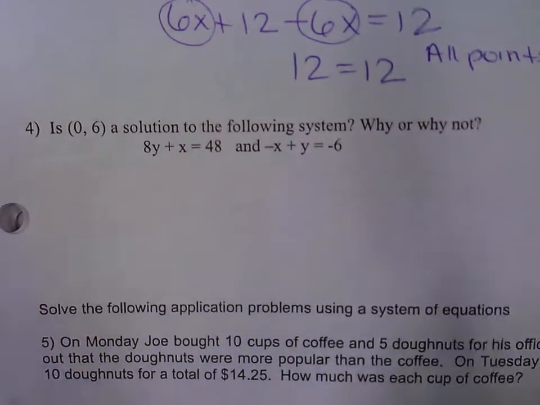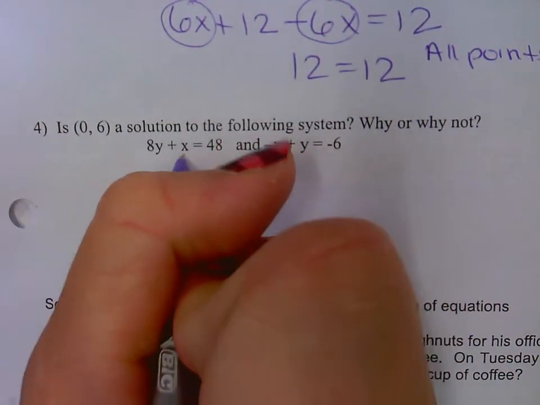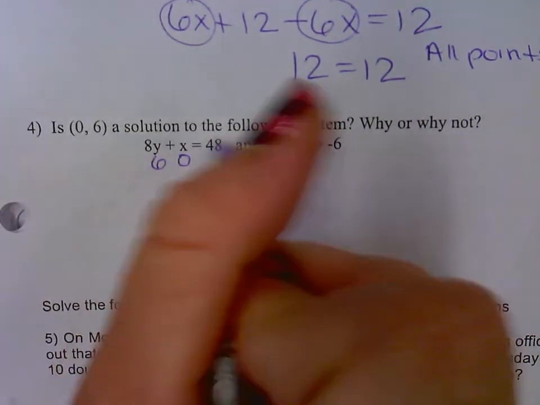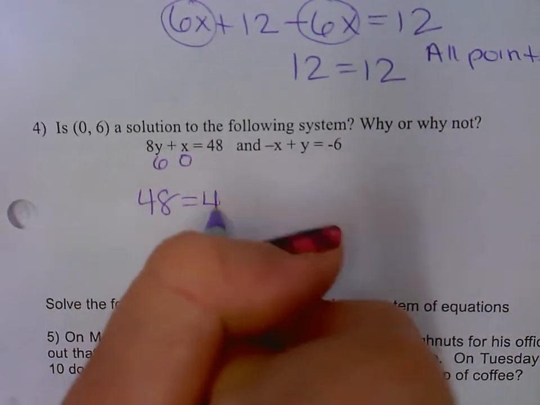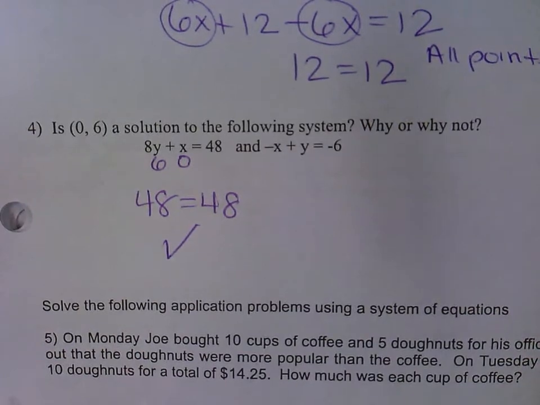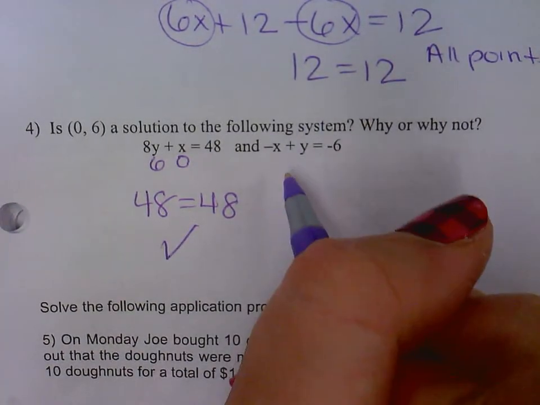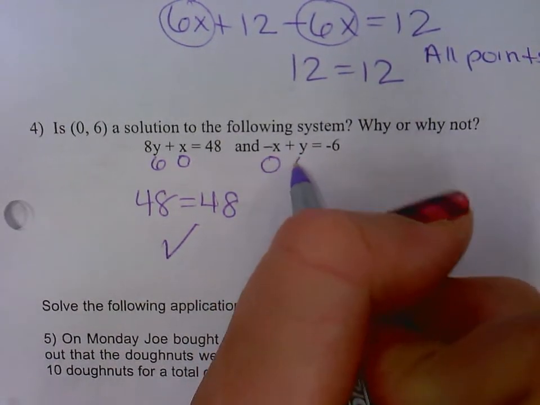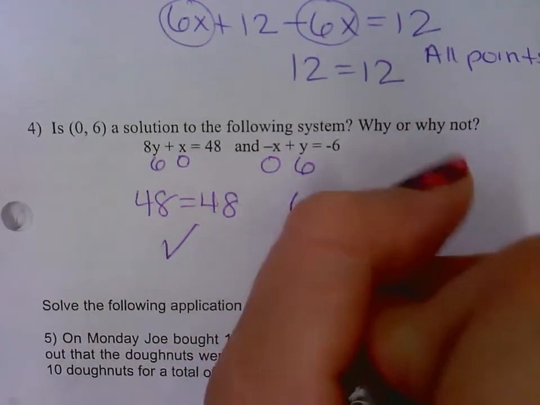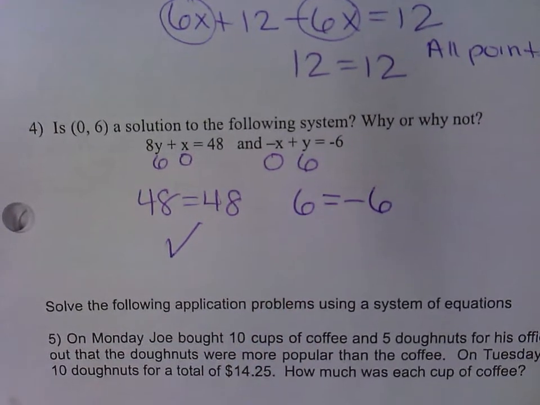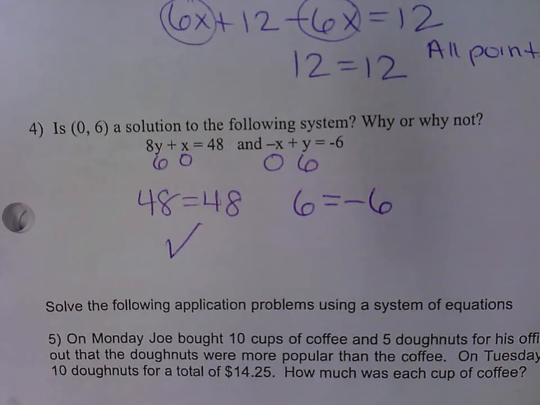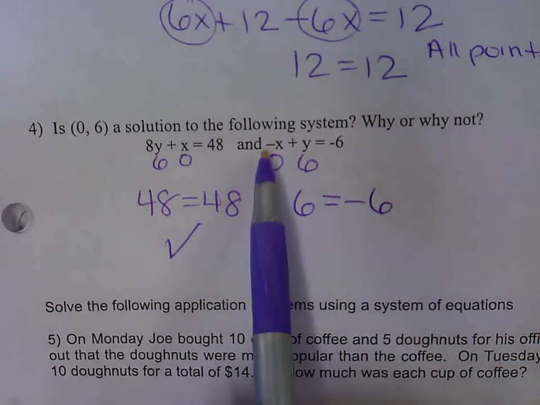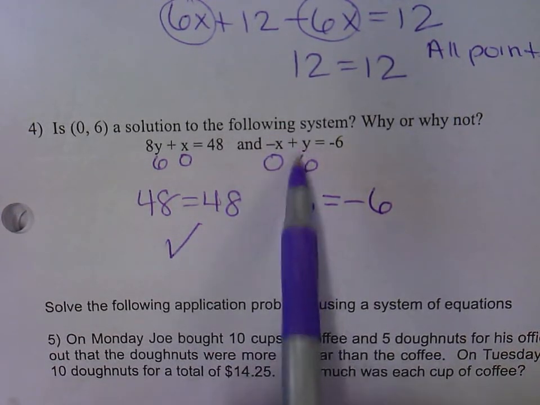All right, let me see. If I plug in 0 and 6, that works, right? Because I get 48 equals 48. So that one worked. If I plug in 0 here and 6 here, do I get that 6 equals negative 6? And that's not true, right? This negative sign is on the 0, so I can't make this a negative 6.